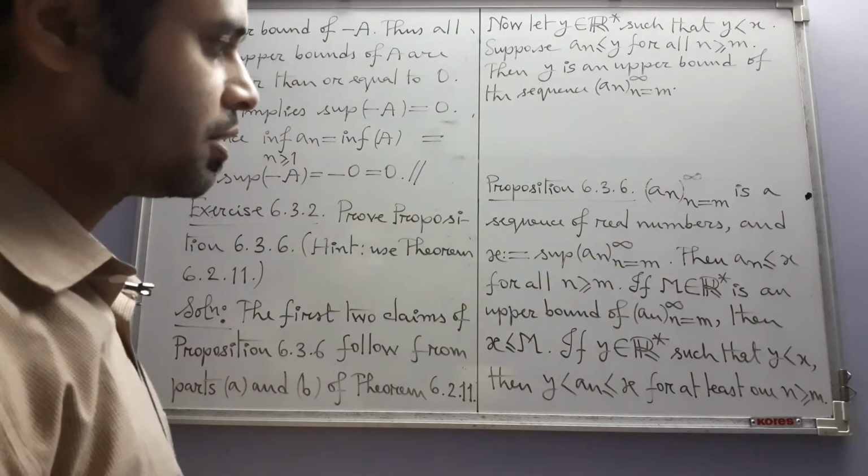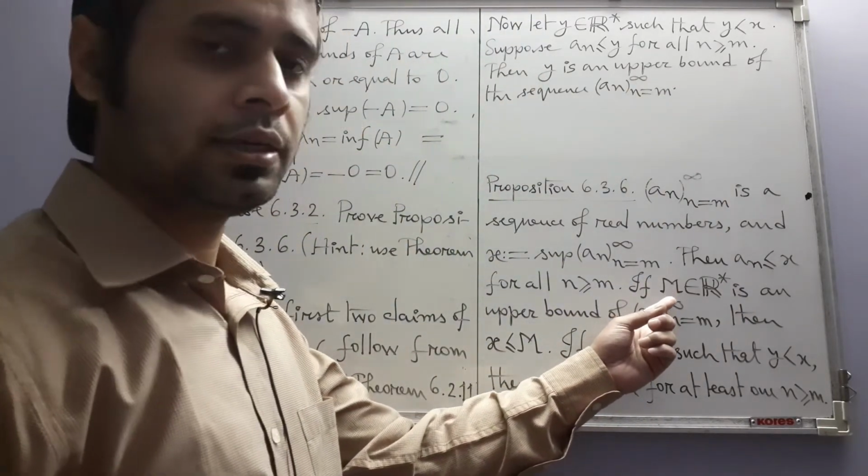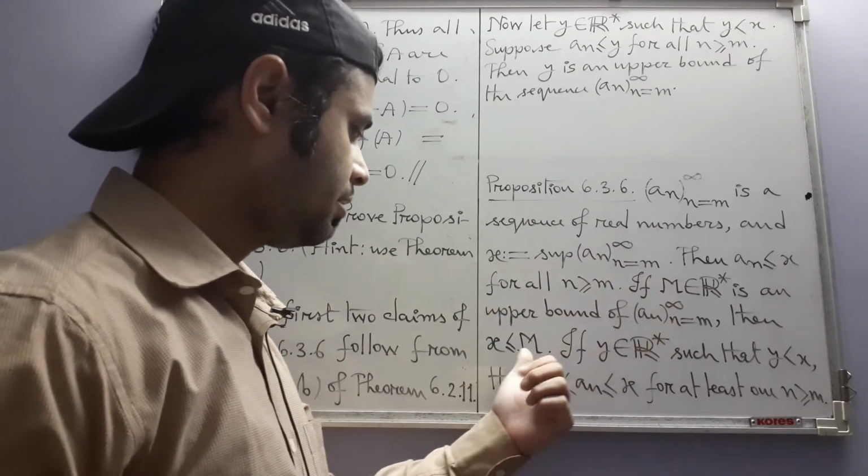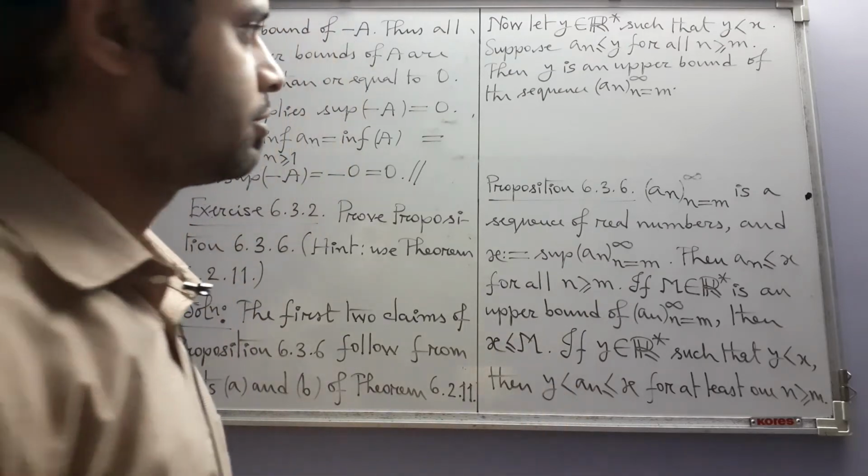So y is an upper bound means you can think of y in place of m here, and we have just now shown that in that case x must be less than or equal to m.